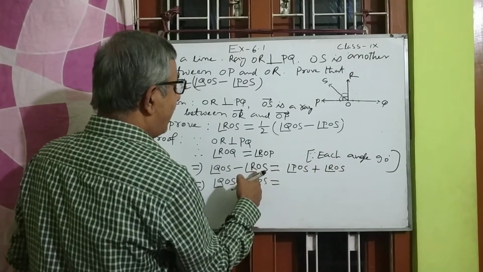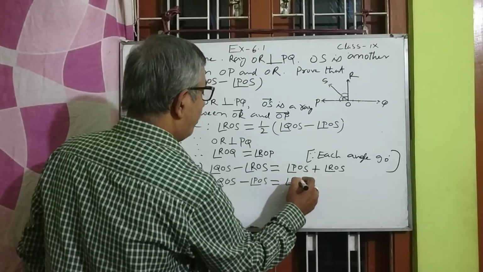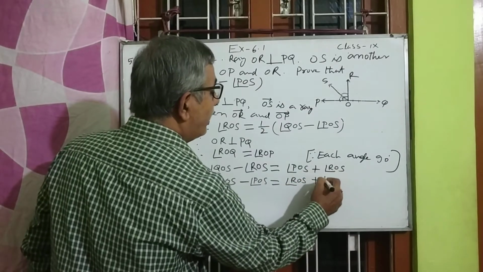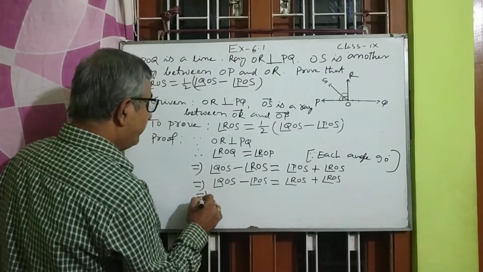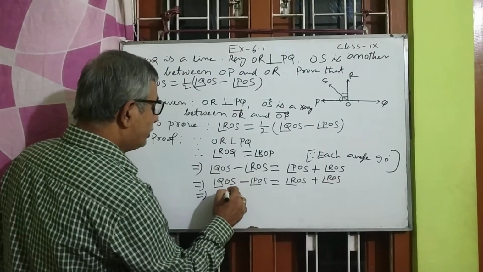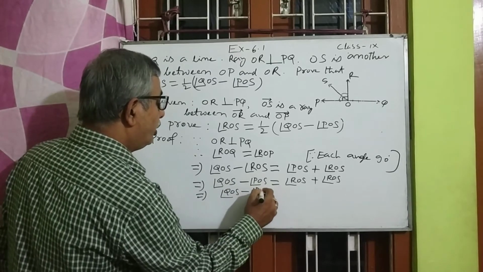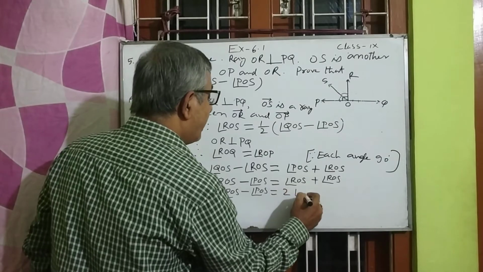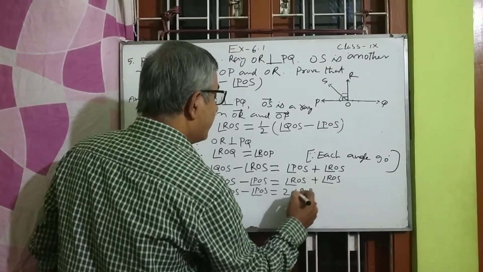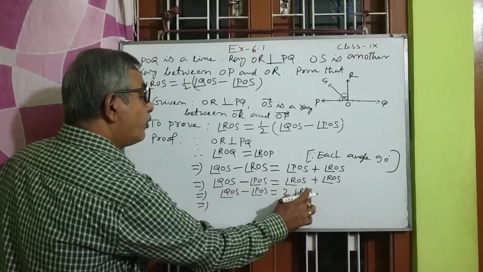Another ROS is going that side. Angle ROS. And again one ROS is already here. You see, angle QOS minus angle POS is equal to twice ROS. Now what happens? Do you understand?